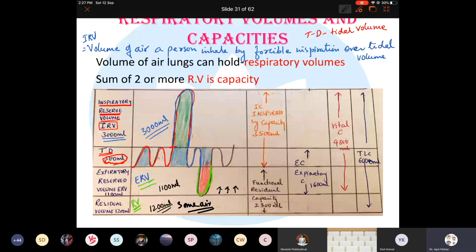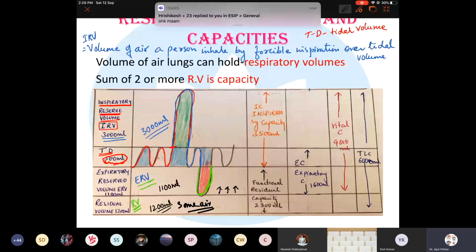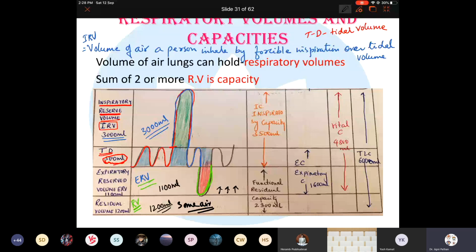Next, now forget about volumes. I hope volumes are clear. Now we are coming to capacities. Capacities means sums. First is IC, inspiratory capacity. Inspiratory capacity is IRV plus TV.